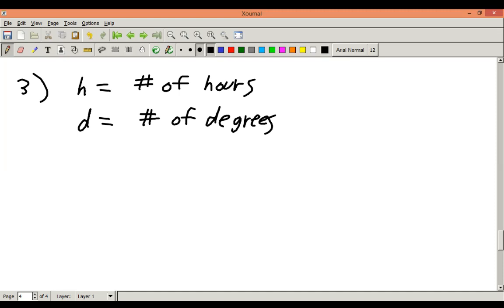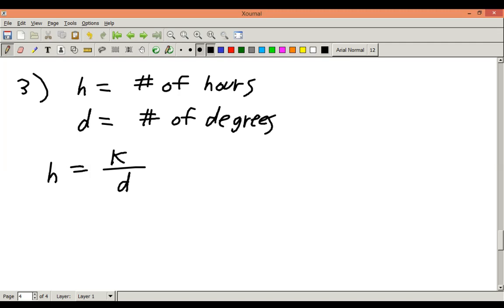And so we'll do the inverse variation because we know that as one quantity increases, the other quantity decreases. So we'll say that the number of hours to melt this time is going to be k, that constant of variation, divided by the number of degrees. So we can see from that if k is some constant number, that if you increase the number of degrees, then that's going to be a smaller number of hours that it takes to melt that block of ice.